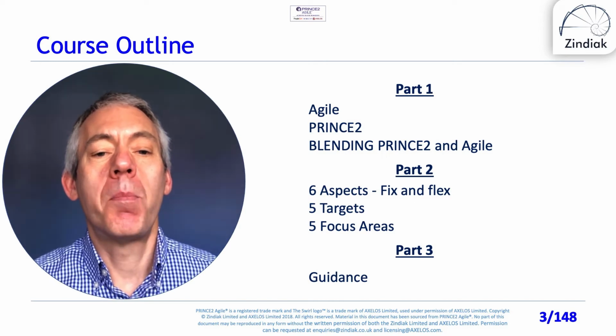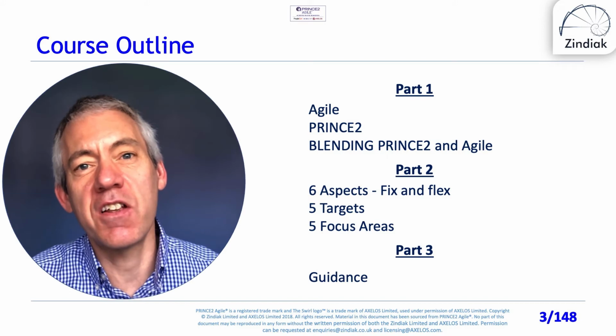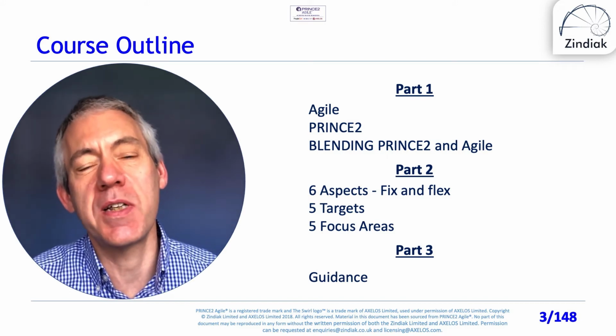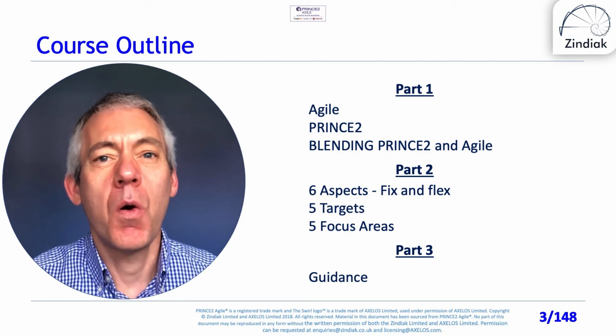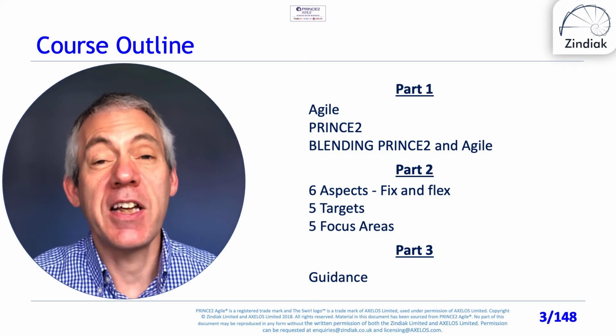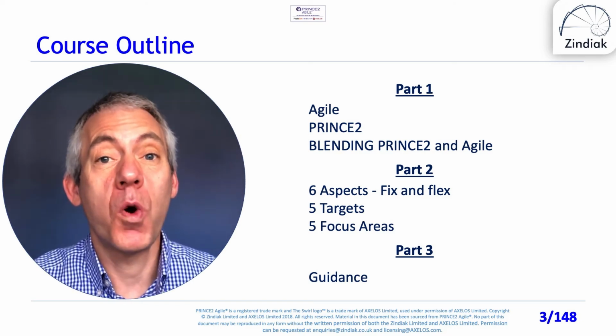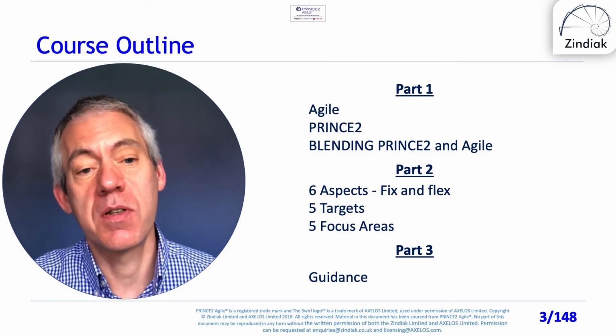We'll then look at blending PRINCE2 and Agile and really taking the strengths of PRINCE2, particularly in managing and directing a project, and blending it with the Agile strengths of managing the delivery of work packages or product backlog items.